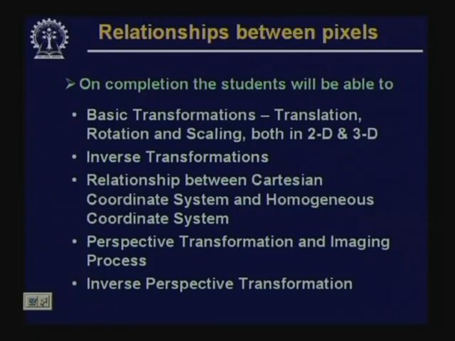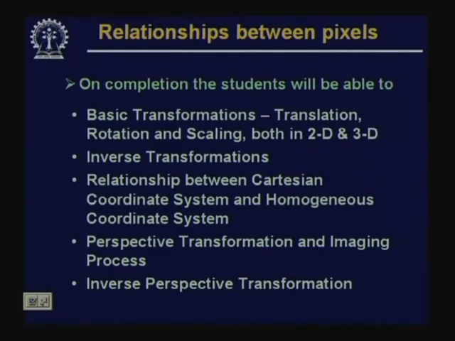So, in today's lecture, as we said, we will discuss some basic mathematical transformations, which will include translation, rotation and scaling, and we will discuss this both in 2 dimensions as well as in 3 dimensions. We will also discuss the inverse transformations of these different mathematical transformations.